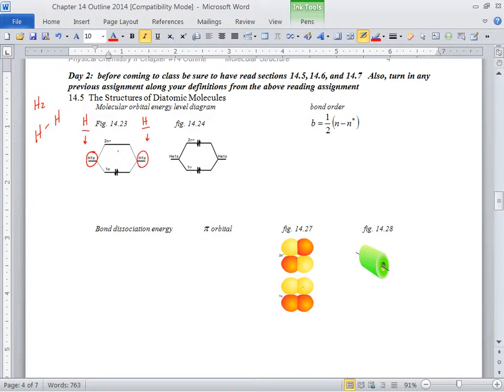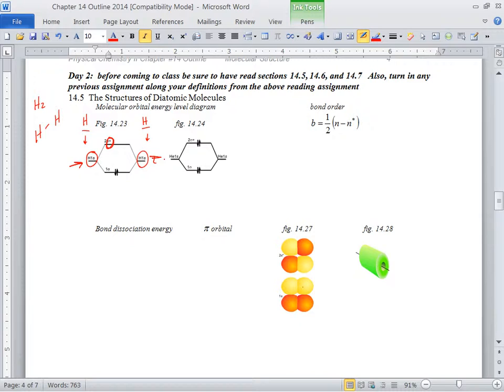But what I like about these diagrams is it shows that it would make more sense for these electrons to be in the separate atomic orbitals, not even form a bond in the first place, in comparison to being in an antibonding orbital, because there's higher energy. Whenever you see any molecular orbital with a star on it, it's always higher than the constituent atomic orbitals you started out with.